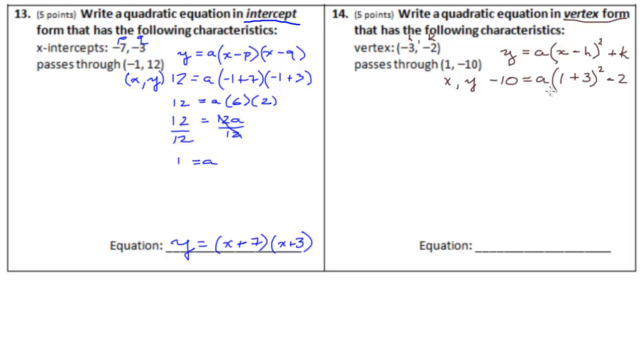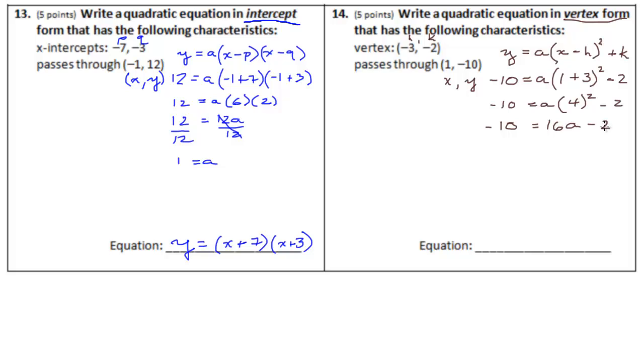Anyway, let's proceed. We have -10 equals a times 4 squared minus 2. Simplify that a little further. 4 squared is 16, so we have 16a minus 2.